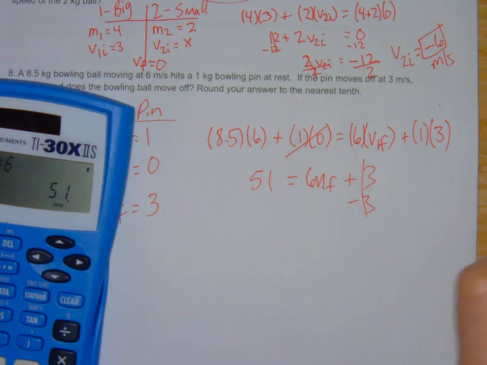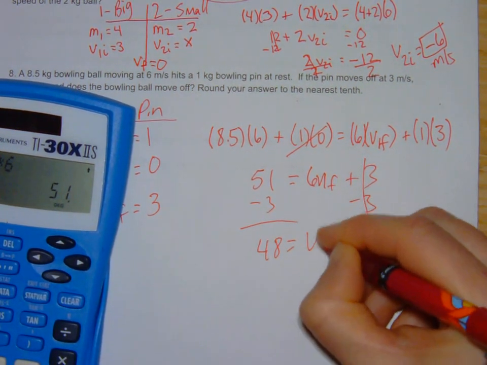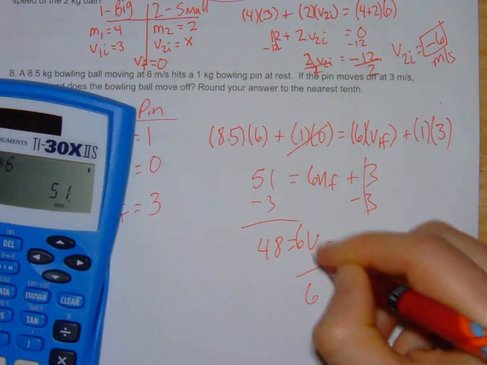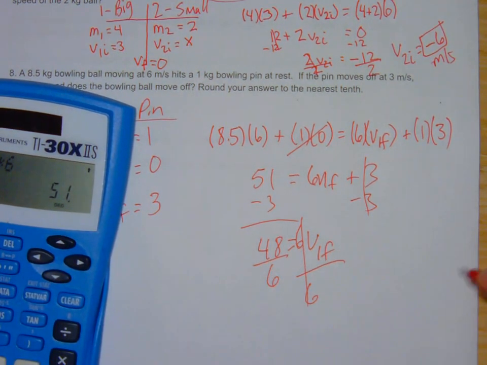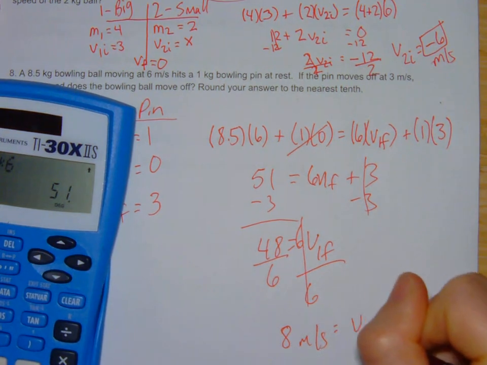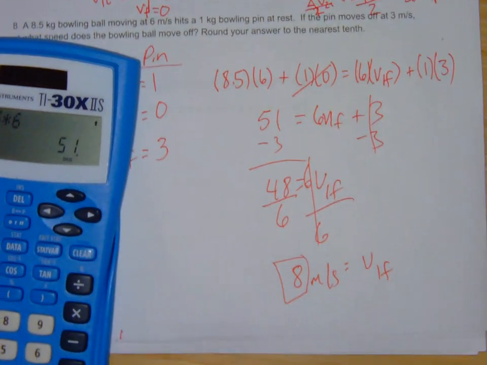Remember, we add and subtract before we multiply and divide. So we have 48 is 6V1F. Divide each side by 6. Wow, nice even number there. So 8 meters per second is going to be the final velocity of that ball as it ricochets off.